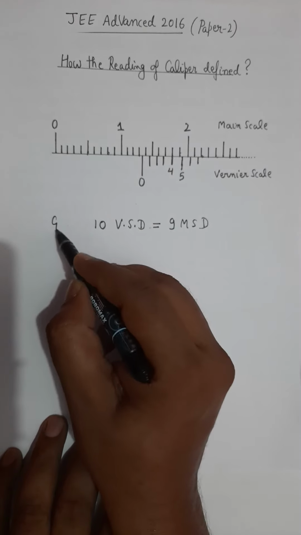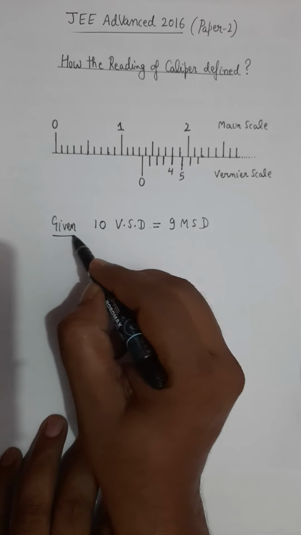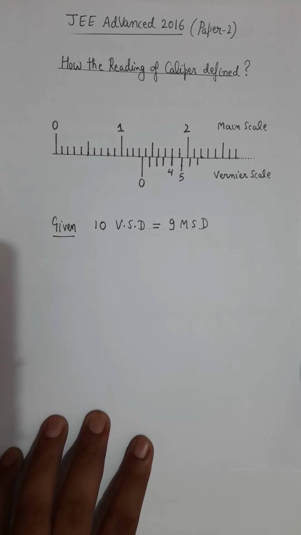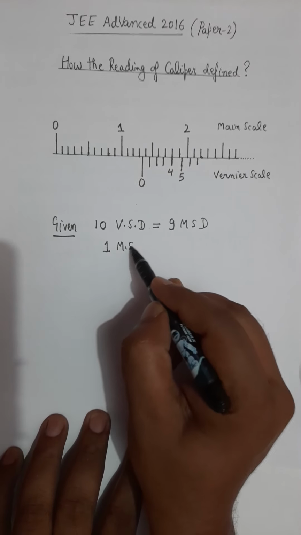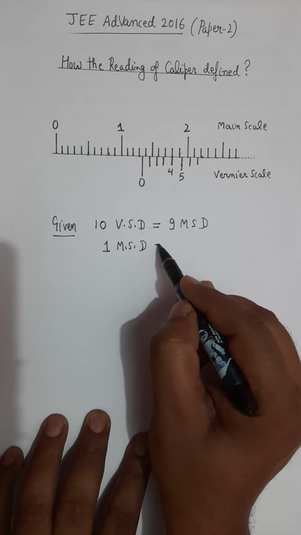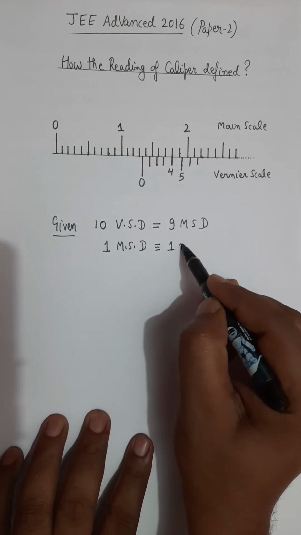We know this information. It is also given that 1 main scale division represents 1 millimeter.